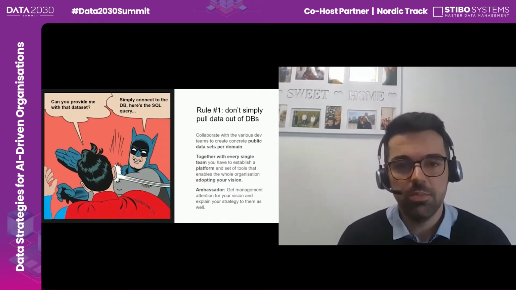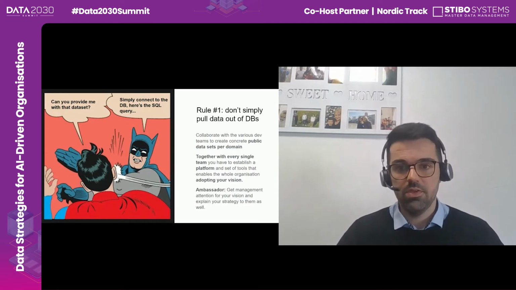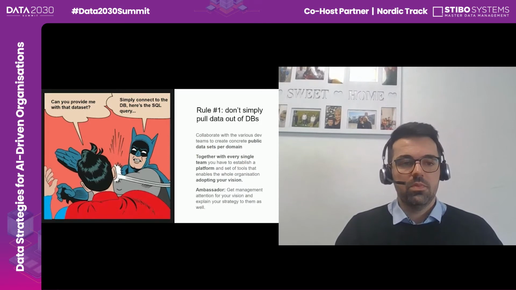And maybe to give you some example, what happened in the past quite a few times, I guess in every company, is people were simply asking for data access.